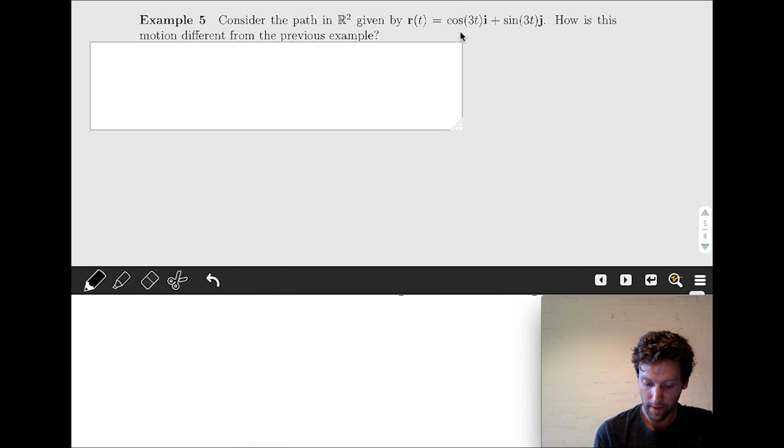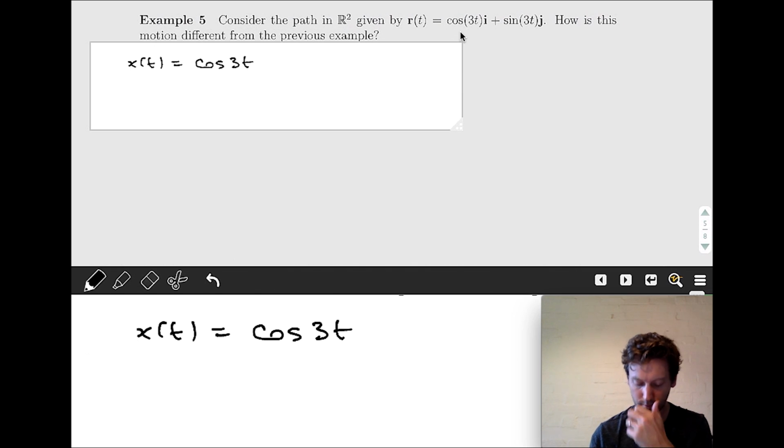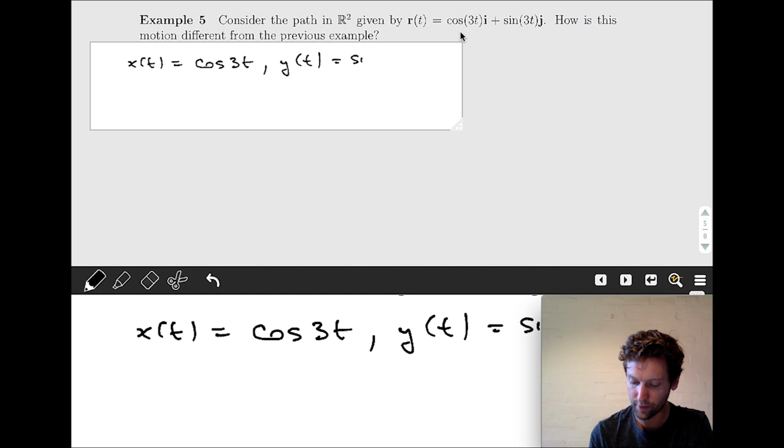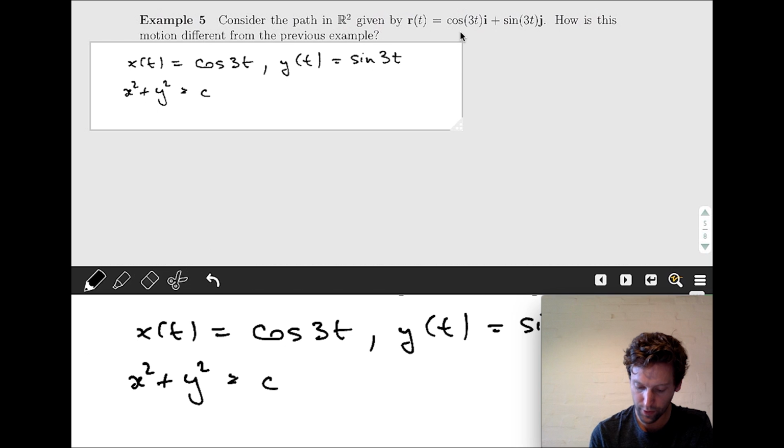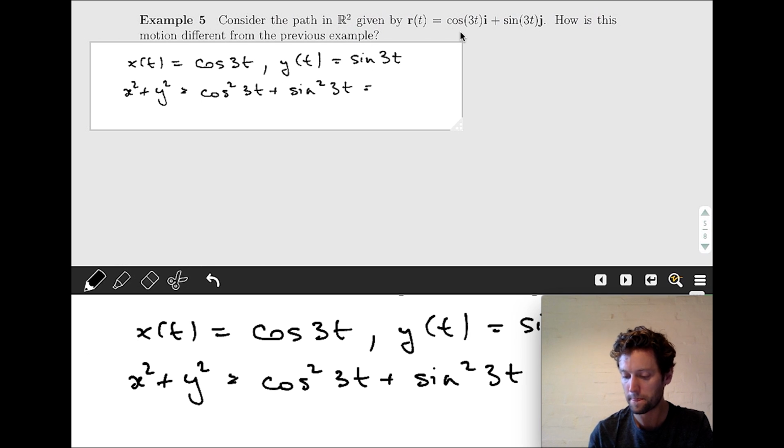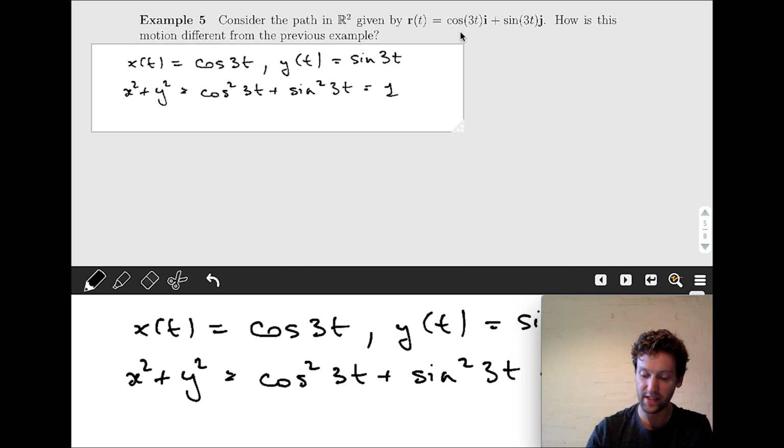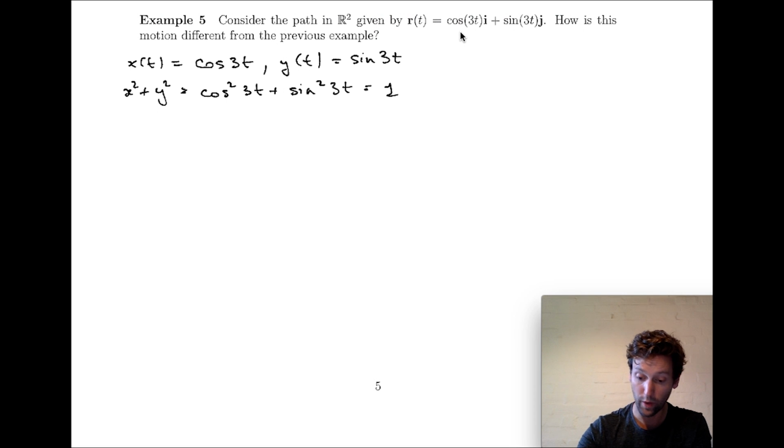So I've got x of t equal to cosine of 3t, and y of t equal to the sine of 3t. So x squared plus y squared is equal to cosine squared 3t plus sine squared 3t. So it still equals 1. So you notice that we still have circular motion with radius 1.